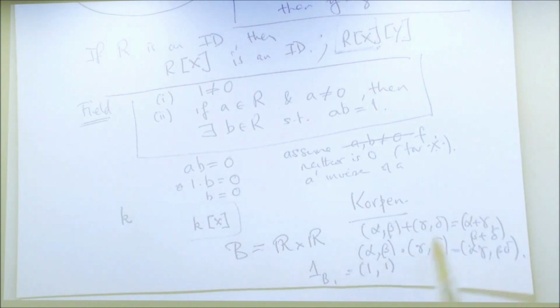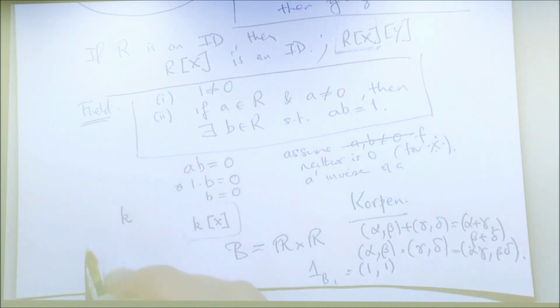But this is not an integral domain, and so not a field, because (1, 0) times (0, 1) is (0, 0). So you can multiply together non-zero elements of the ring B, and you can get 0. So it is not an integral domain, and therefore definitely not a field.